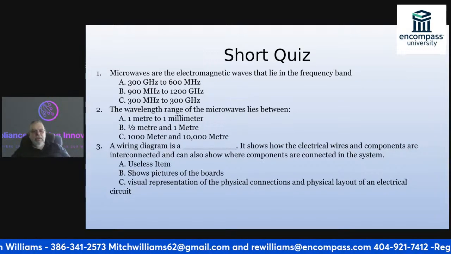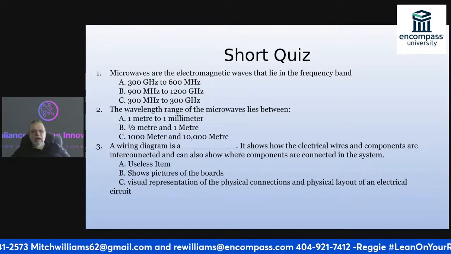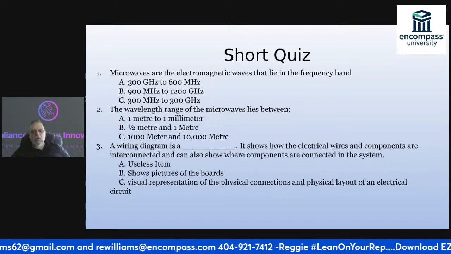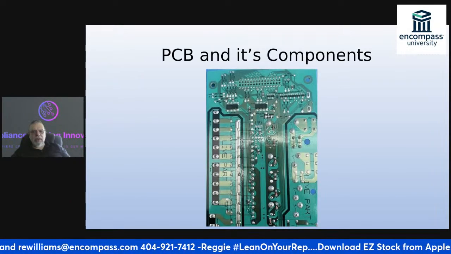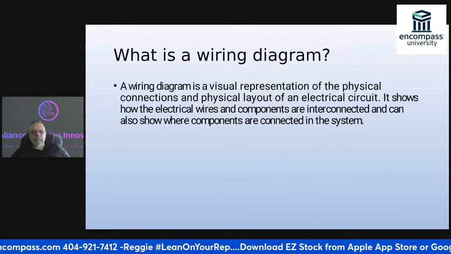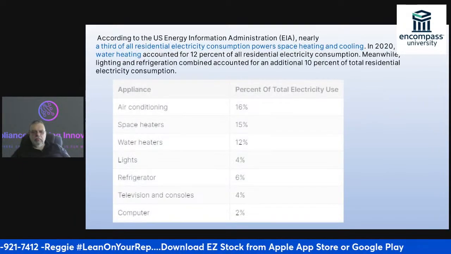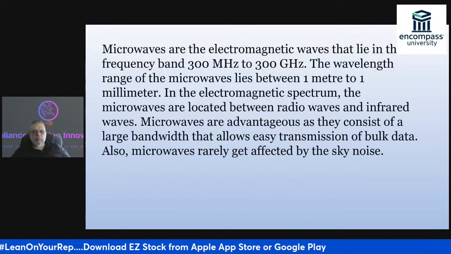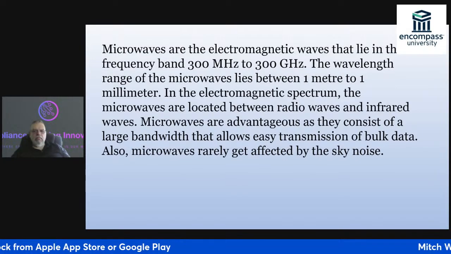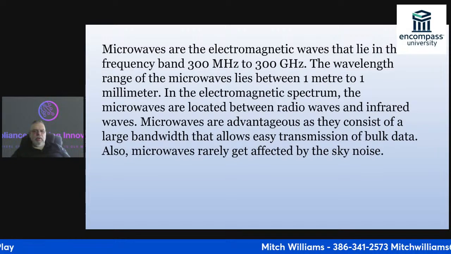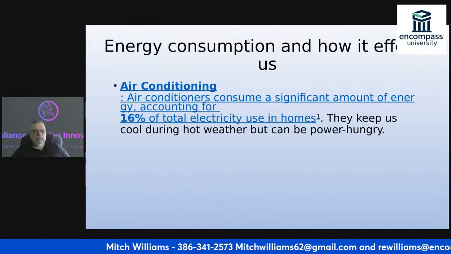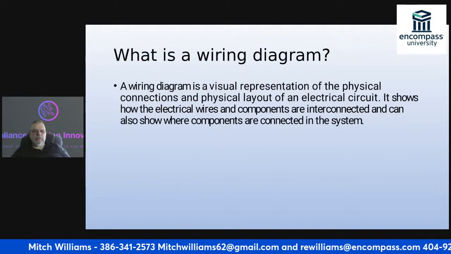Okay. This is the wavelength of the microwave. Where was that? I'm going to go back and show you right quick. Okay. It is right here. The wavelength range of the microwave lies between 1 meter and 1 millimeter. So that's the answer to the question.